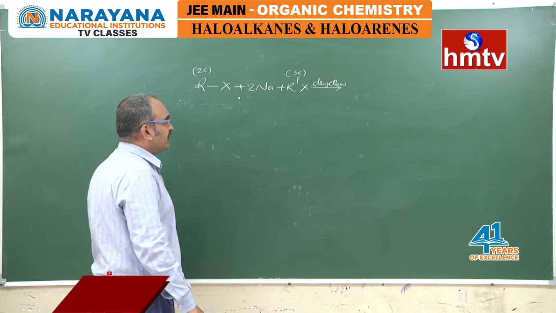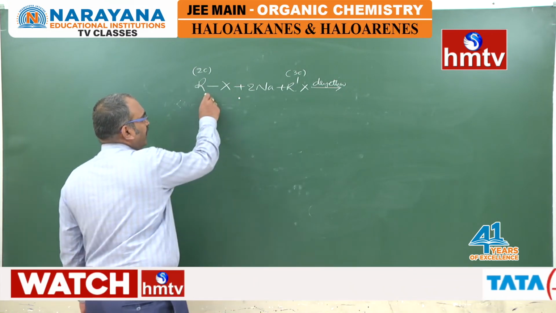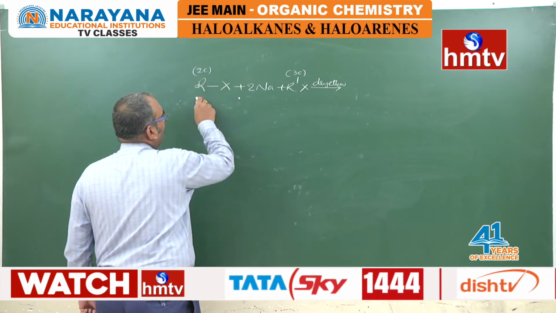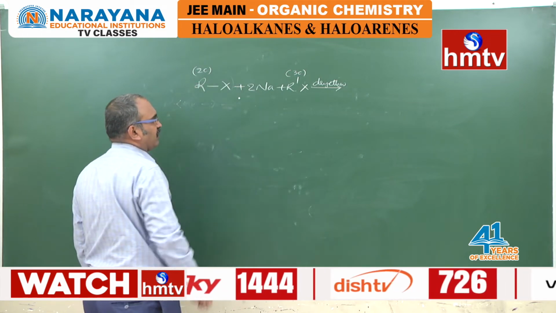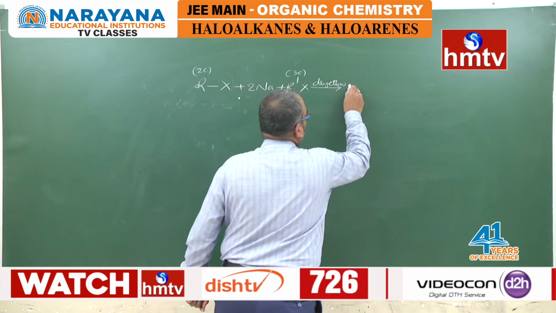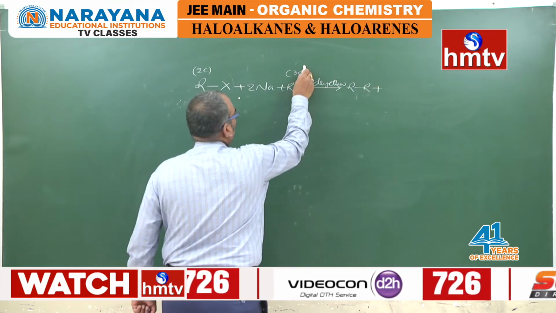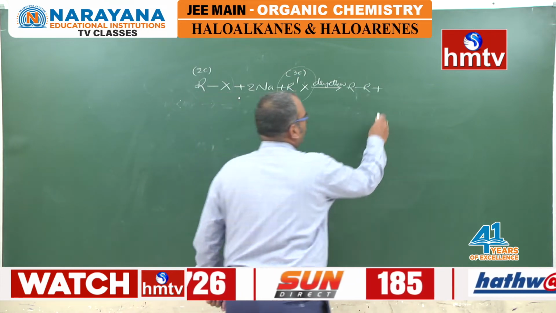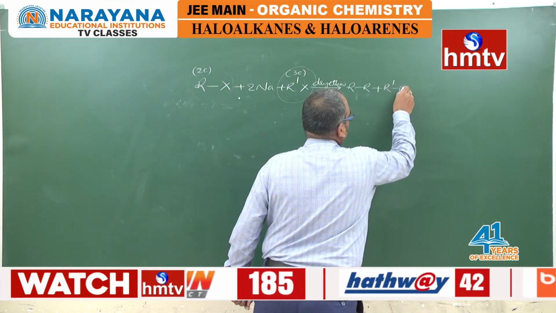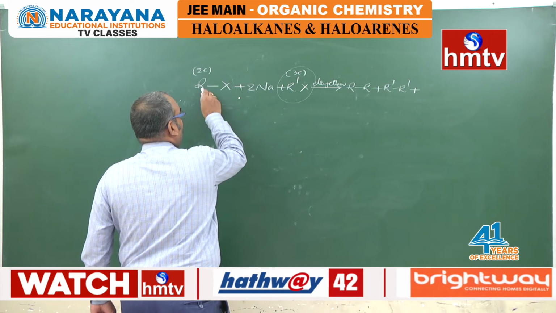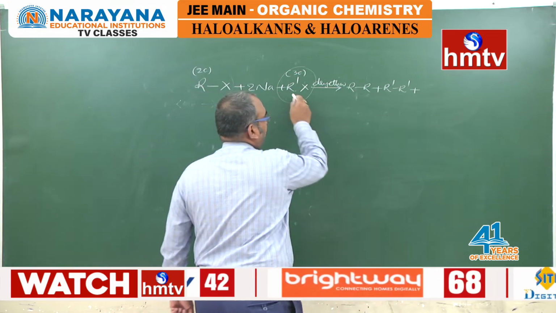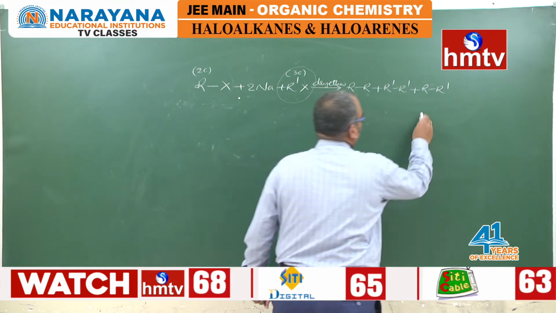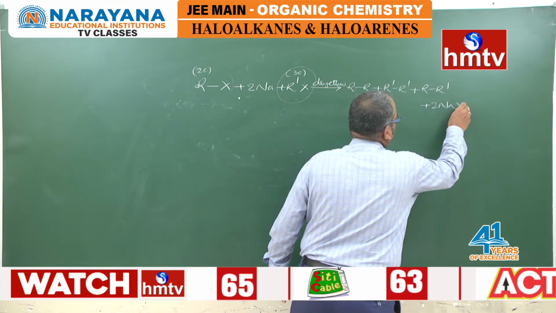Since you have taken all three in the same vessel, two molecules of alkyl halide RX can react with each other to form RR. Two molecules of R'X also can react with each other to form R'R', and one molecule of RX and one molecule of R'X also react to give RR' along with NaX.